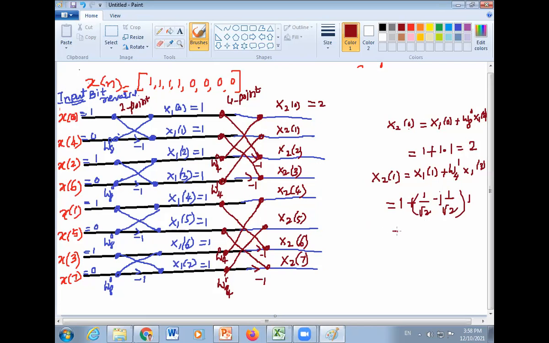Or else how do you simplify this? तो यहाँ पे इसको हम ऐसा लिख सकते हैं 1 plus 1 by root 2 minus j 1 by root 2. तो आंसर क्या है इसका? Anybody?